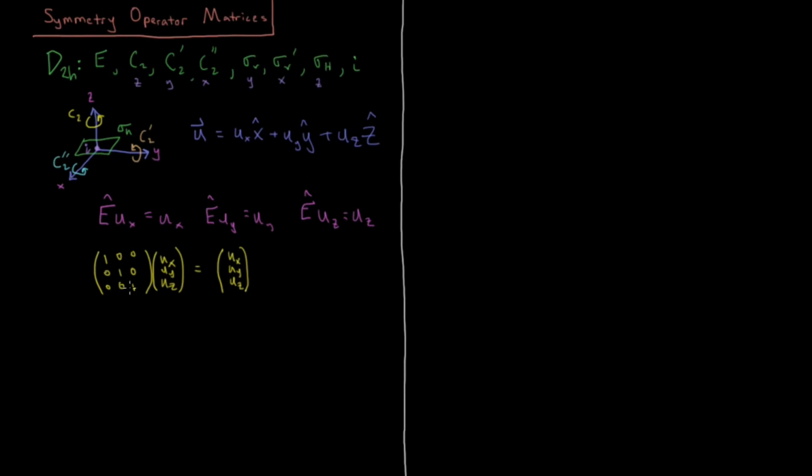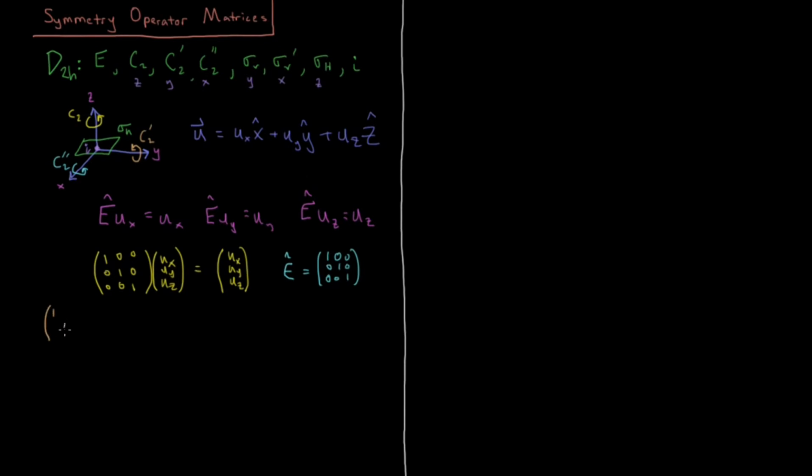So we can represent the identity operator as this particular 3x3 matrix in terms of its effect acting on a vector in this 3D coordinate space. This matrix here is said to be one representation of E.